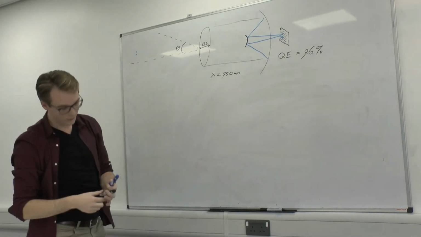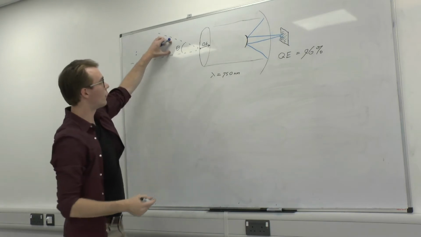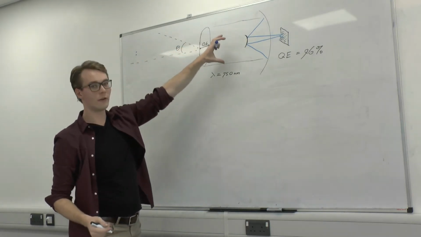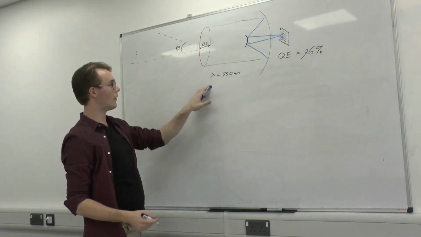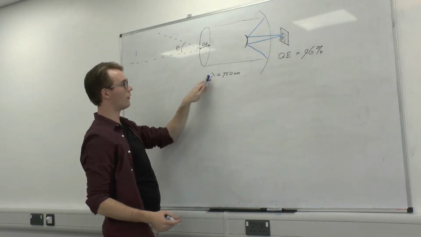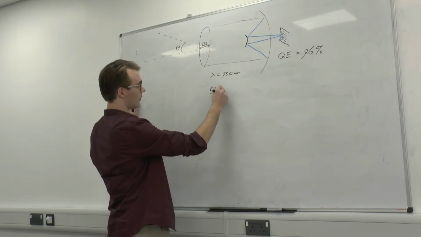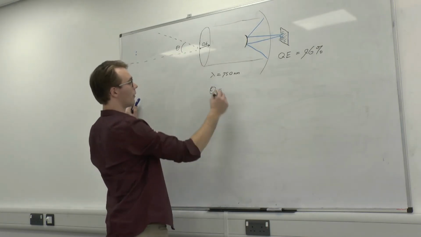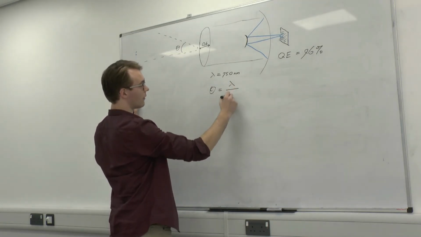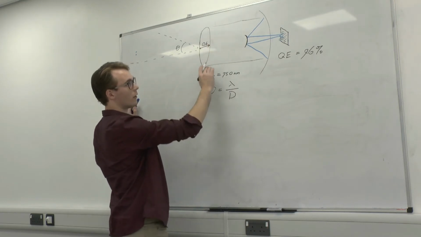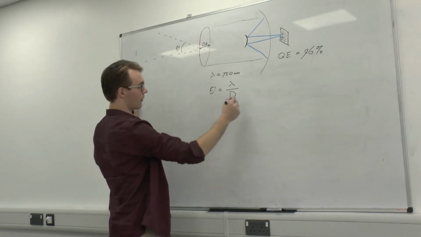Now, what you need to know is that this angle is determined by the size of the mirror or the size of the lens that you're using, and it's inversely proportional to the size of the wavelength. The equation for that is that this angle is going to be lambda over the diameter of this mirror or of this lens of your telescope.